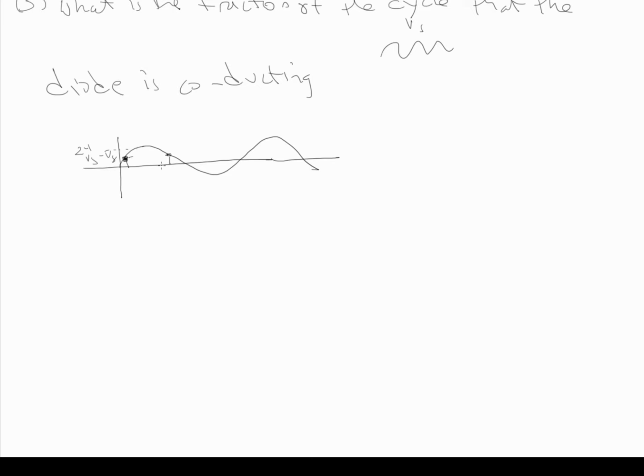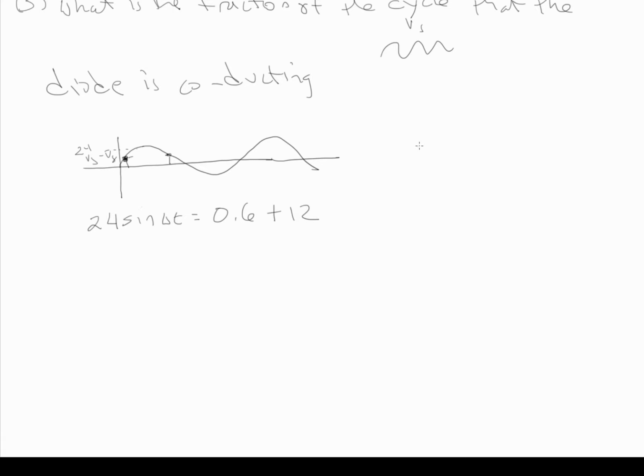And so conduction begins when, again, if we do KVL, I mean, it's not happening at this point, but if we look at 24 sine omega t, and this is just KVL, 0.6 and 12.